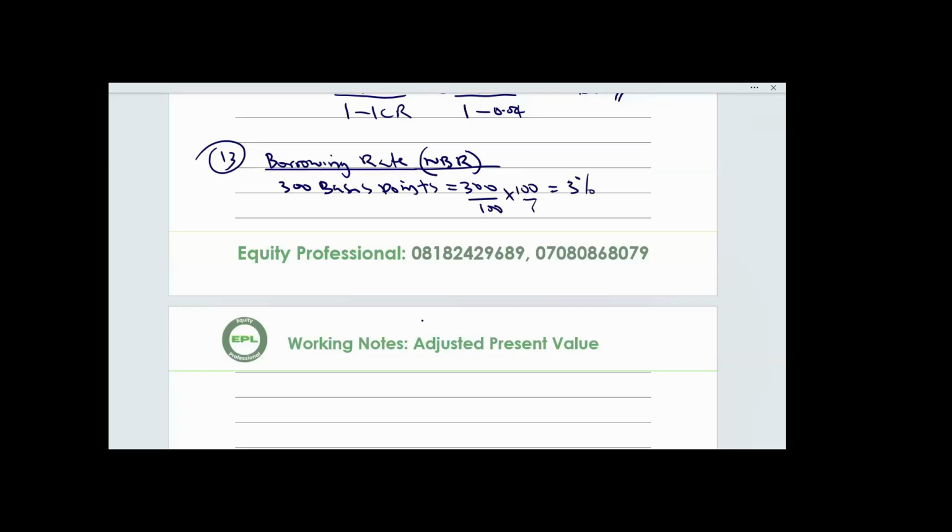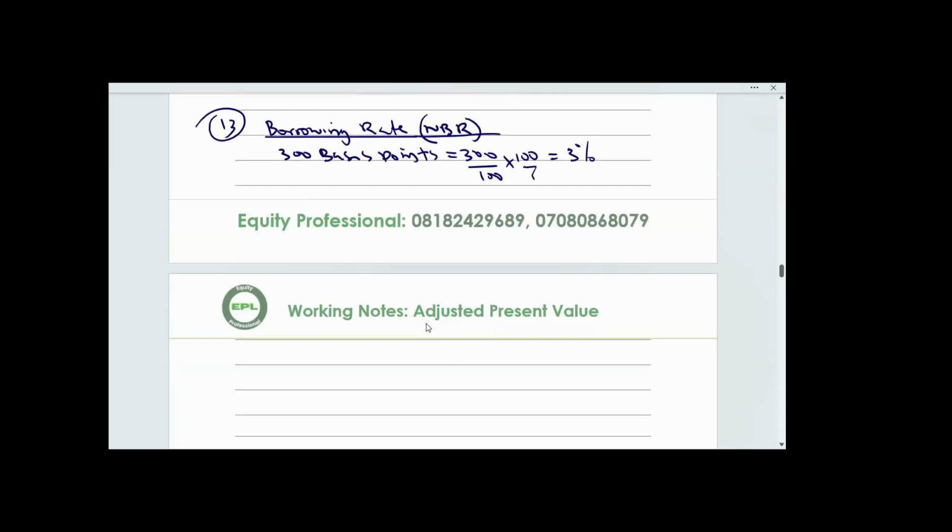So this is 3%. Therefore, the normal borrowing rate will be equal to 3% above the government debt yield rate. The government debt yield rate, which is the risk-free rate of return, is 4.5%. So 3% plus 4.5% will give us 7.5%. Okay, so that is the cost of borrowing.